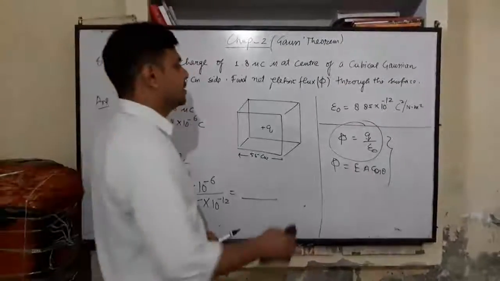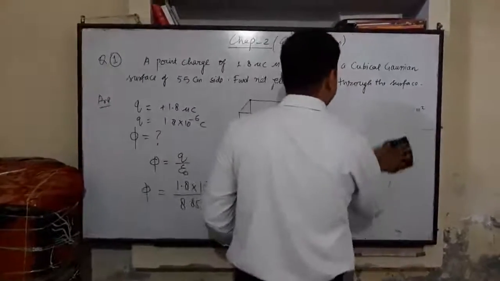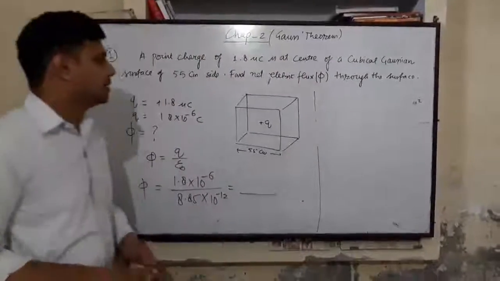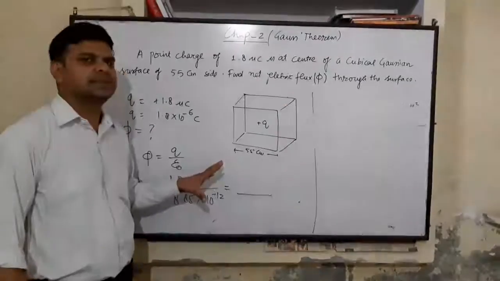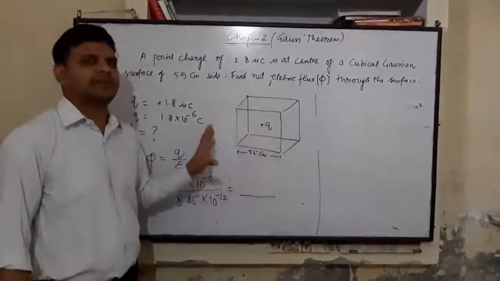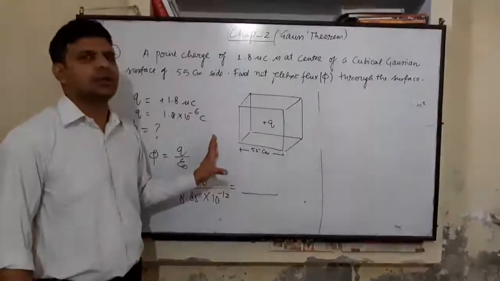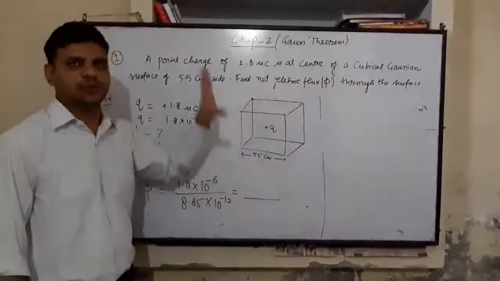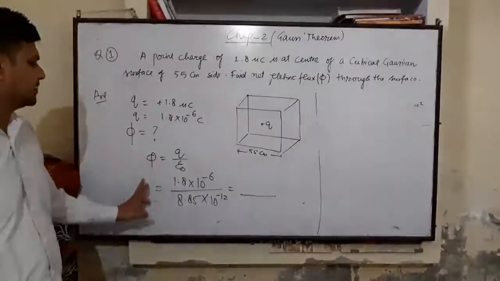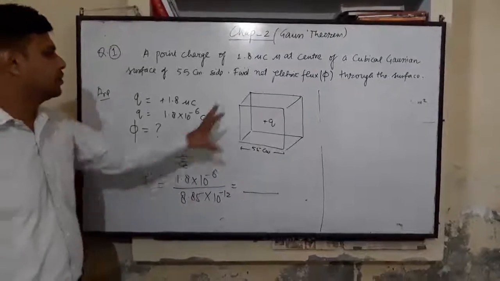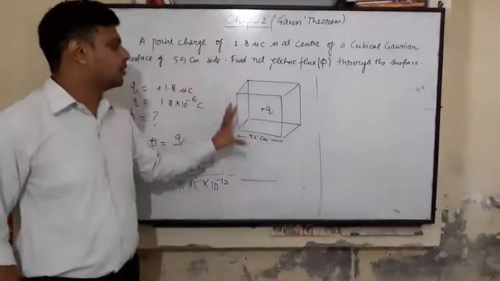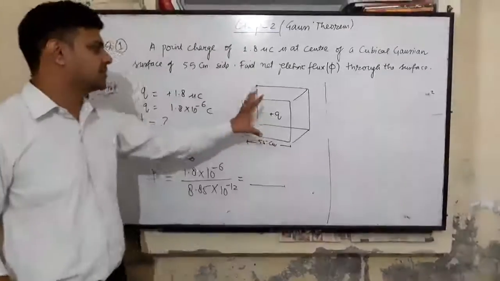Now, if we are asked the total flux passing through all six surfaces of this cube, then the answer will be this.